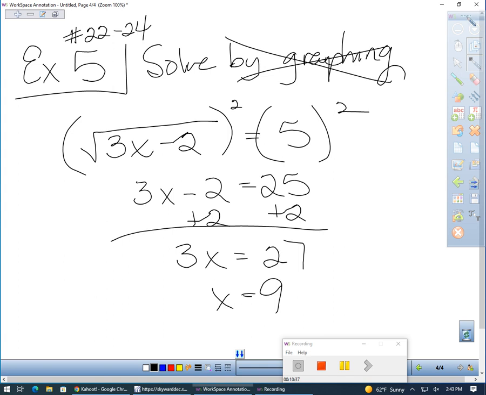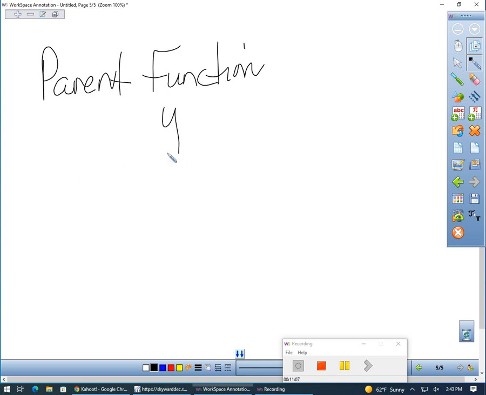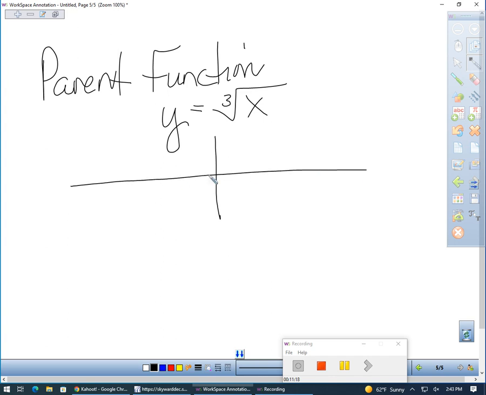So let's talk about a cube root. If I have a parent function of y equals the cube root of x, the parent function is what I consider a backwards s.